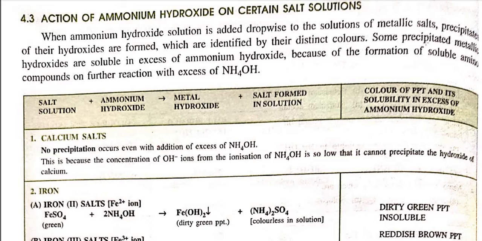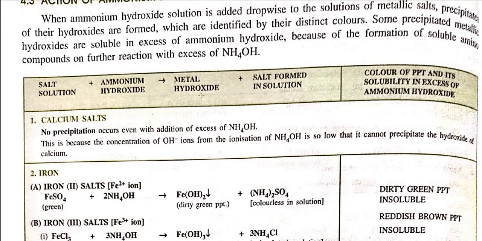Some precipitated metal hydroxides are soluble in excess of ammonium hydroxide, because of the formation of soluble amino compounds through further reaction with excess ammonium hydroxide.